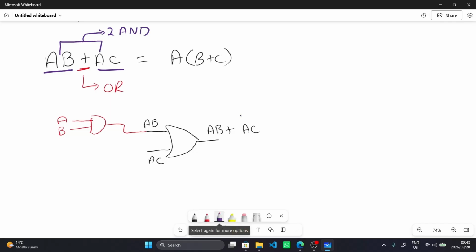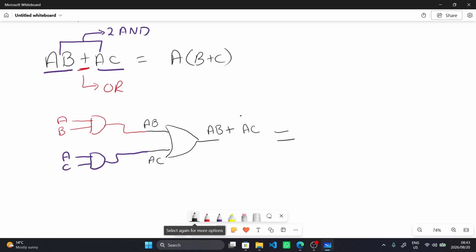Similarly, you will have your second AND gate for AC. So as you can see, we have our logic diagram: A times B plus A times C.